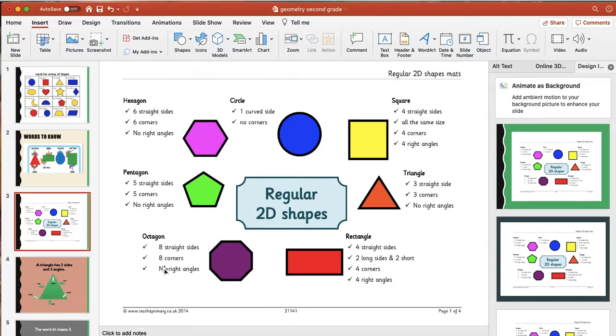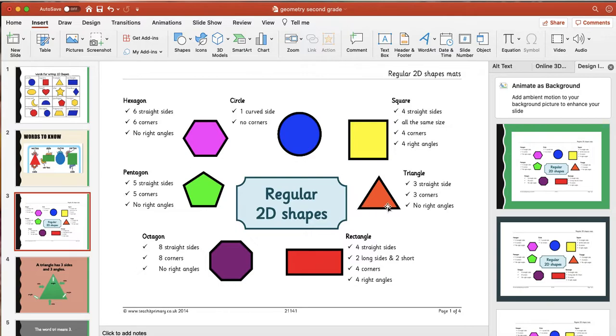We're not going to worry about these right angles for now. So we have 1, 2, 3, 4, 5, 6, 7, 8. A rectangle has 4 sides and 4 corners. So we have 1, 2, 3, 4. And a rectangle is identified by having 2 long sides and then 2 short sides.